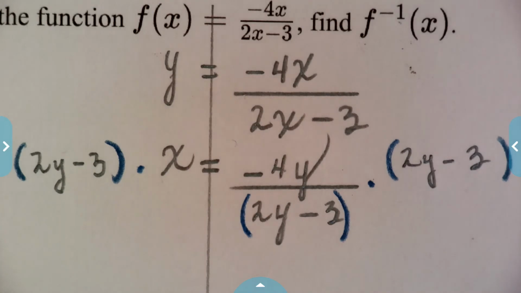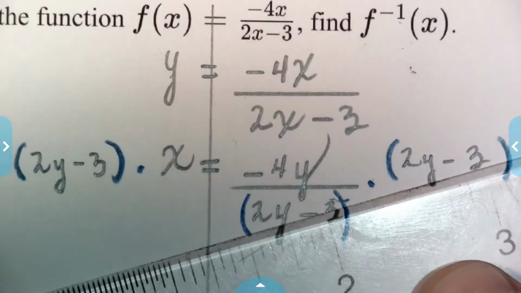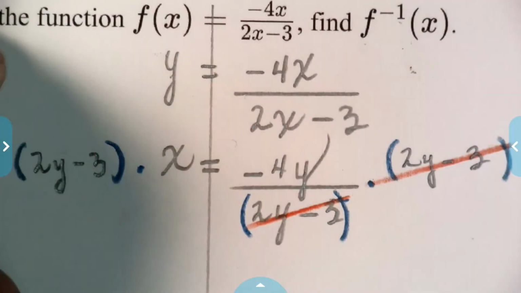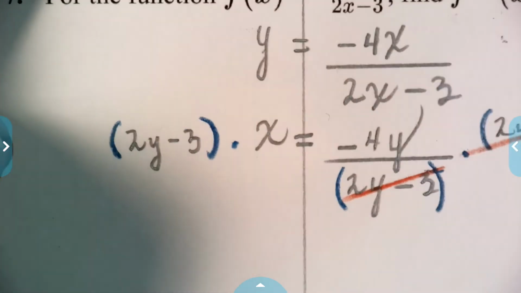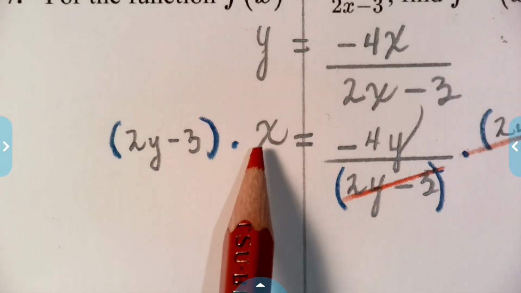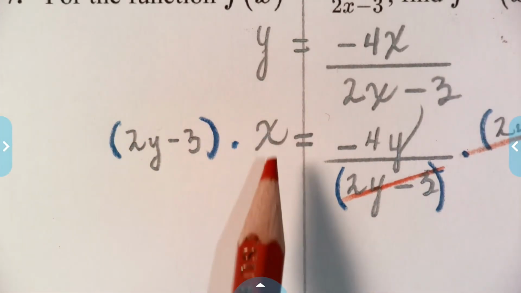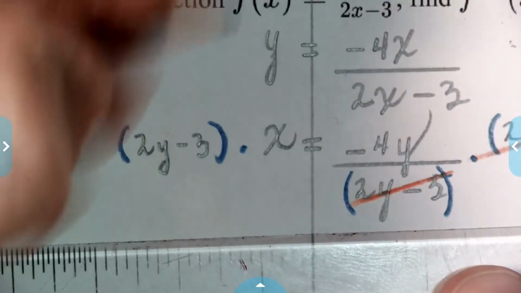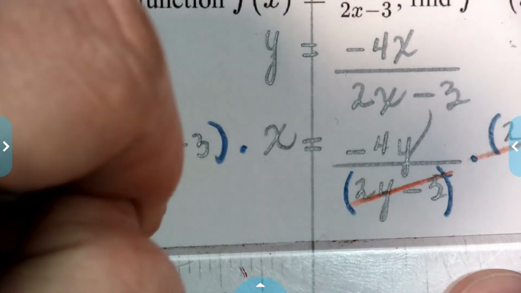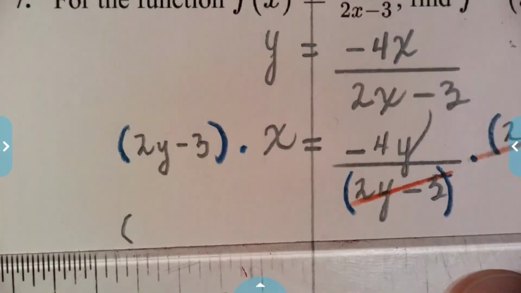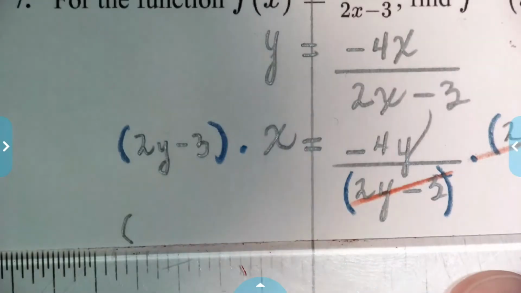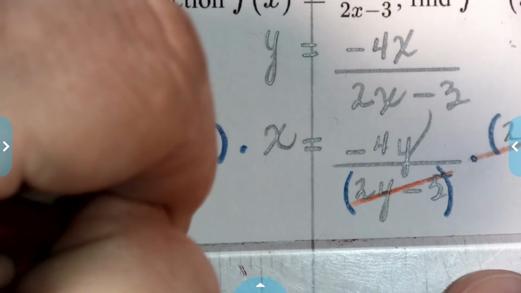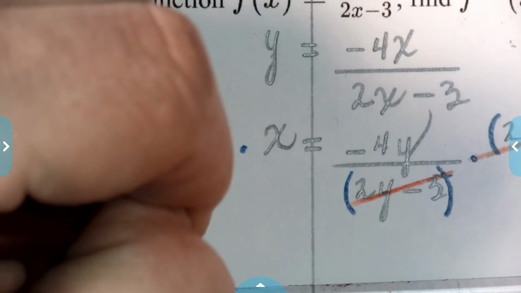Okay? And the beauty is I can just cancel the 2y minus 3 on the right side, and I don't have to distribute that x. I can leave that just like it is if I want to. It's totally permissible. So here's what I'm going to write. I'm going to keep this parenthetically trapped and do 2y minus 3.